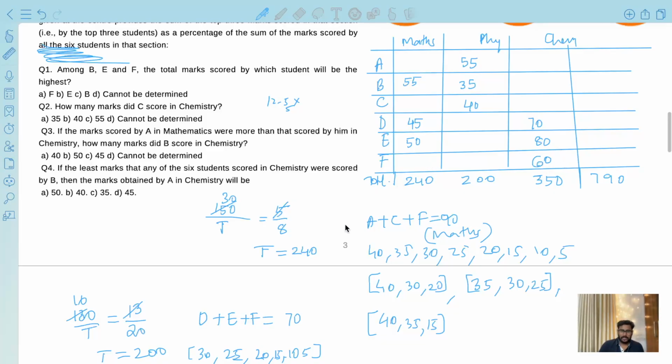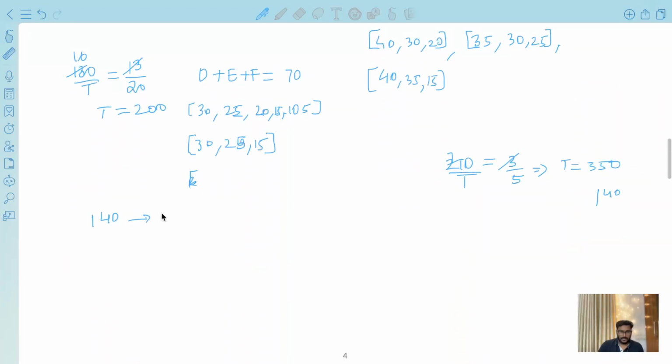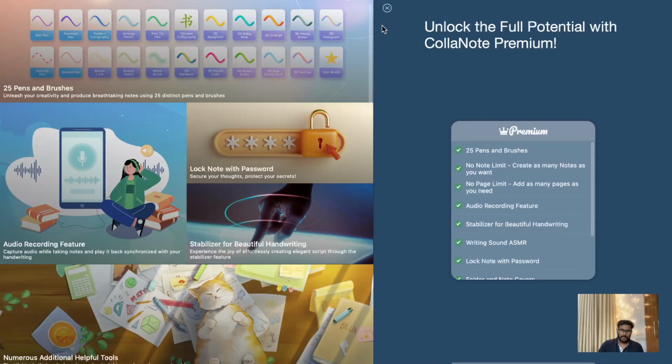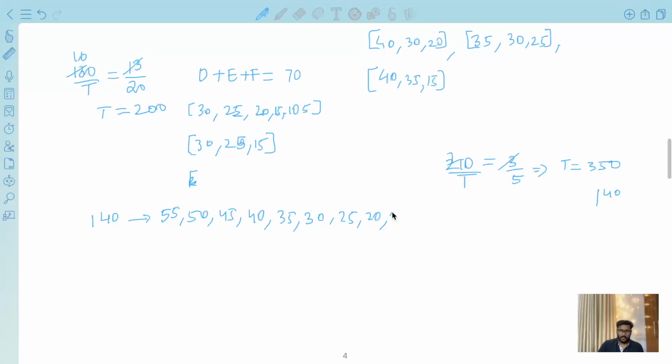Less than 60. That means 55, 50, 45, 40, 35, 30, 25, 20, 15, and 5.